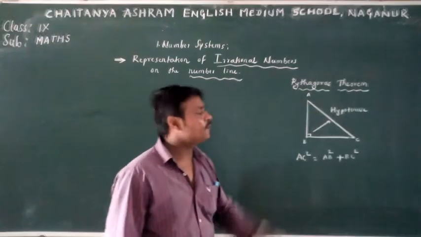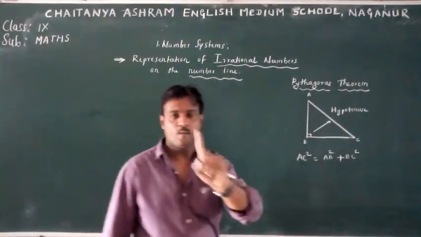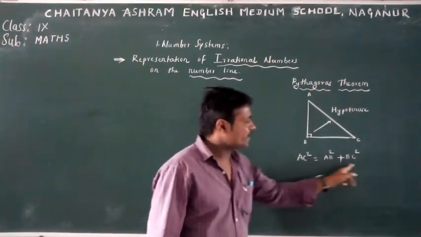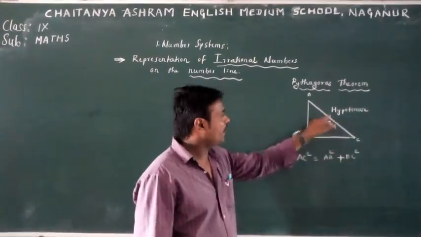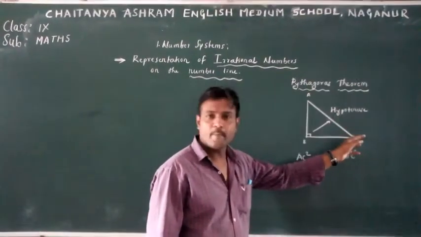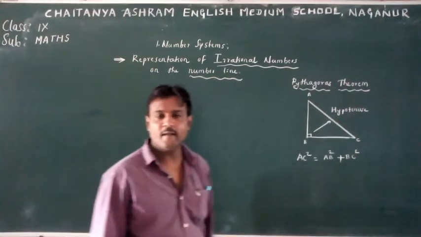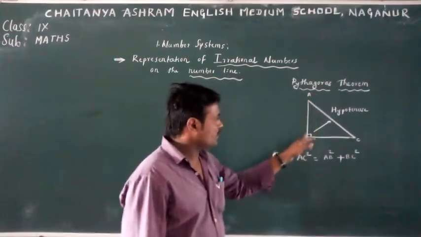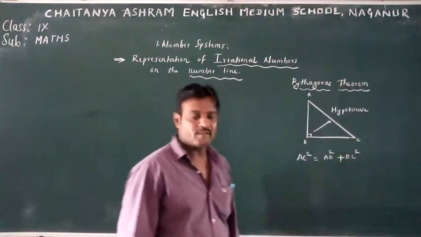That sum is equal to the square of the hypotenuse. Through this, can you tell me in a right triangle which side is greater? Obviously, the hypotenuse is greater in a right angled triangle.